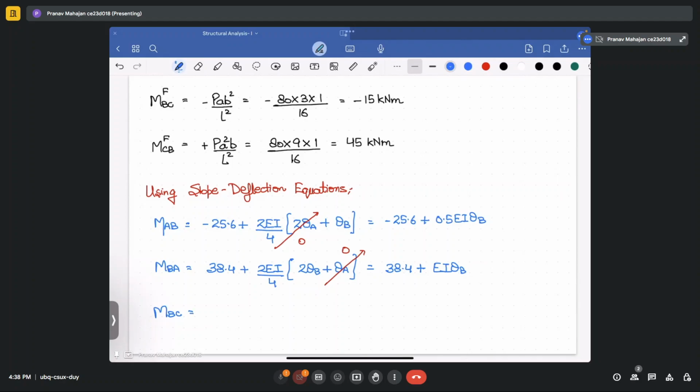In this case, your first term is negative, so negative 15 will come into picture plus 2EI upon total length, which here is also 4, times twice theta B plus theta C. That will be equal to minus 15 plus EI theta B plus 0.5 EI into theta C.